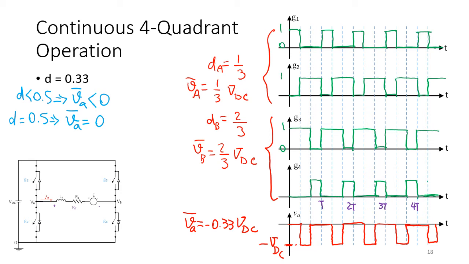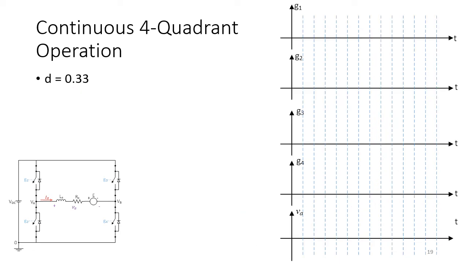But there is another way of continuous switching that I believe you have seen in your tutorial examples. In that case, they always switch G2 and G3 together and G1 and G4 together. So when G1 and G4 are on, what will be the voltage across the load? It will be positive VDC. See, here is the circuit.